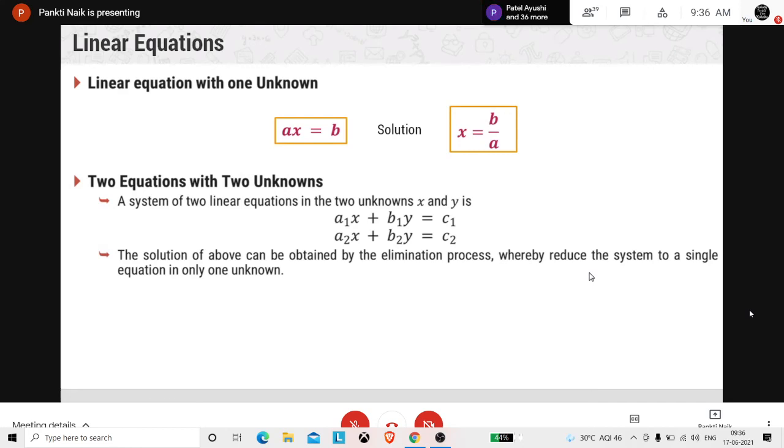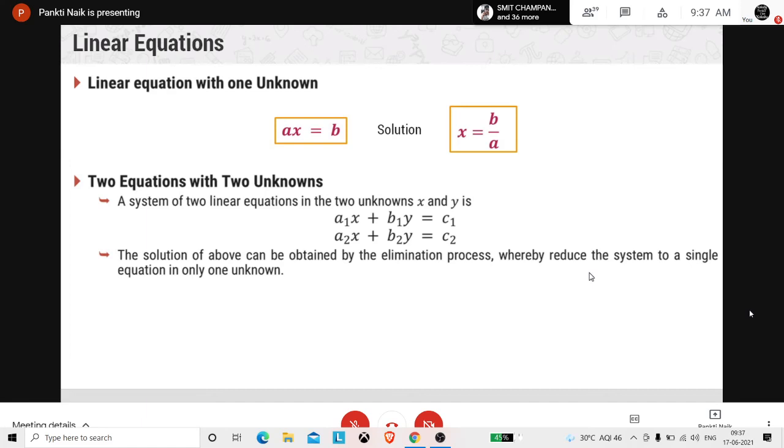So this is about linear inequalities and equations, right? So this is the end of your chapter. Now let us discuss which types of questions may be asked in your GTU exam, right? Questions may be like: what is an algorithm, what is a relation, explain equivalence relation, right?